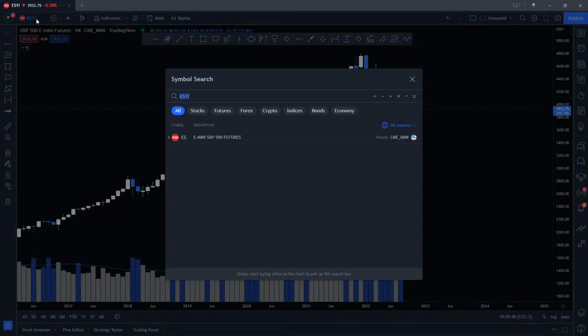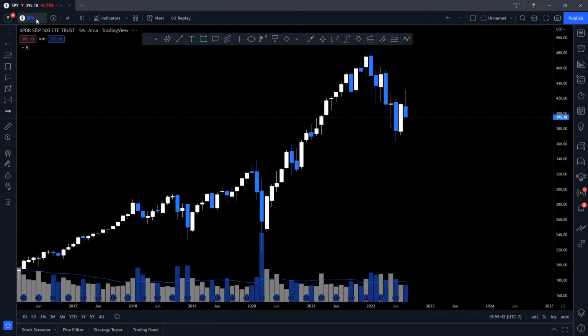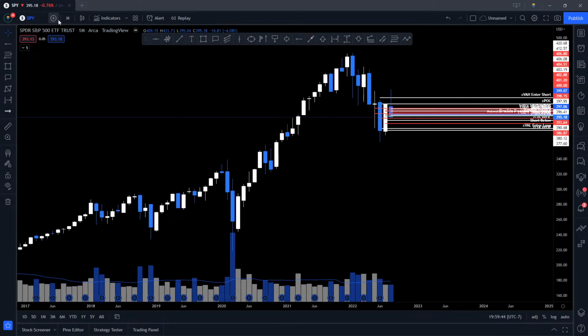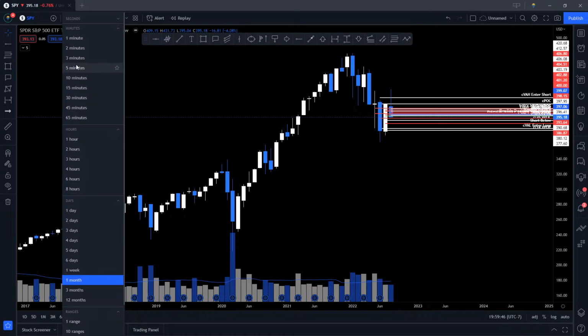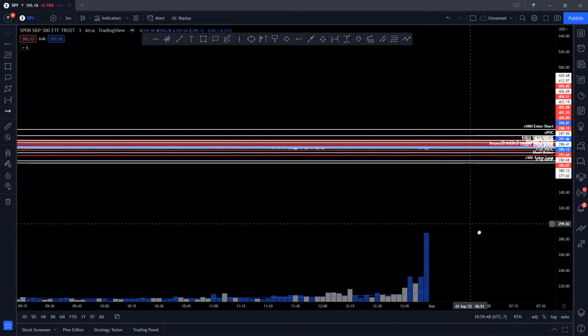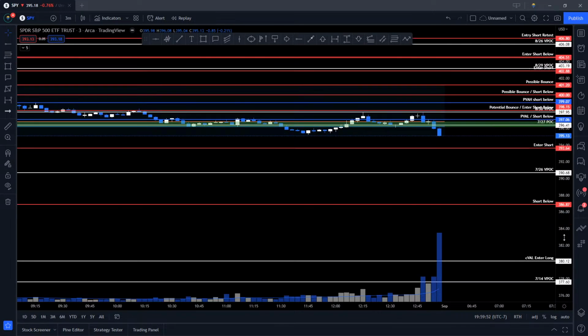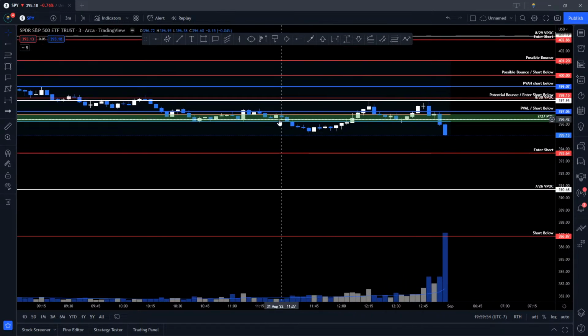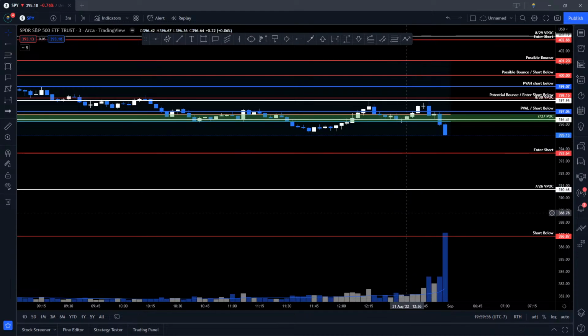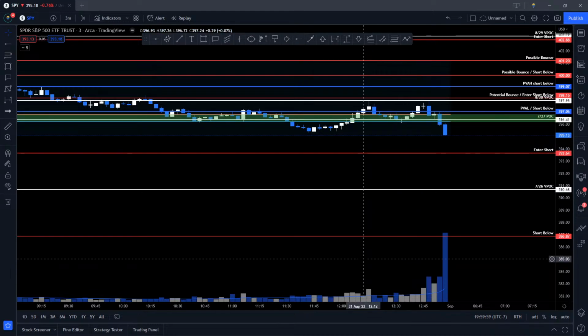So actually not ES. We'll look at SPY. And my point of looking at SPY is I have my plan the night before, every single night. I know exactly what trades I'm looking at the next day. And if none of my levels get hit, that literally just means I'm not taking a trade.